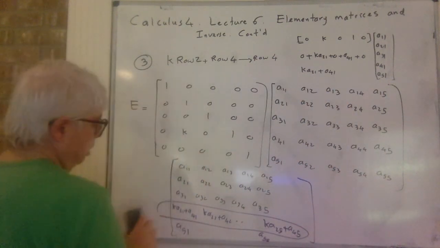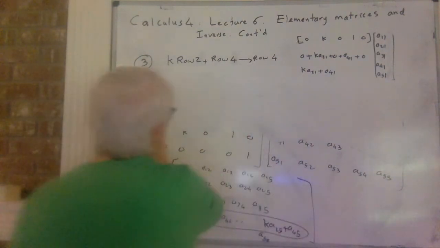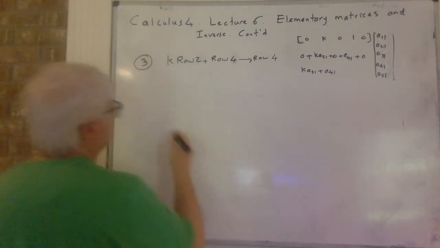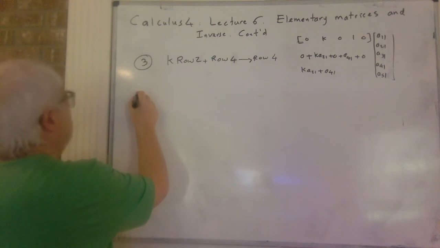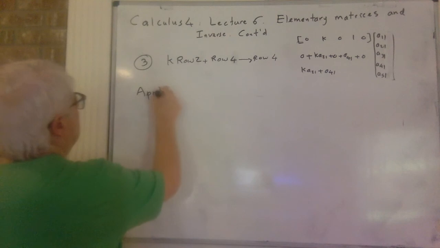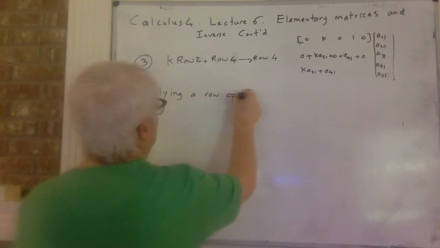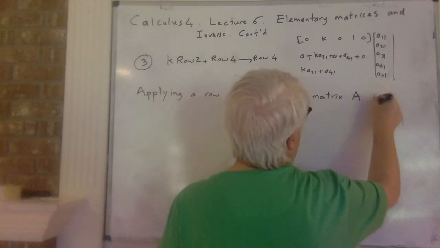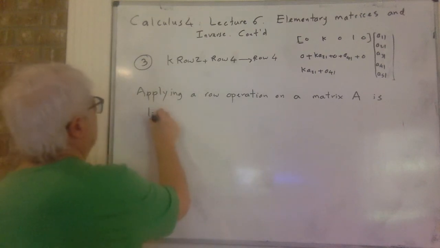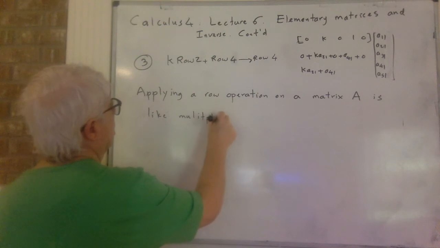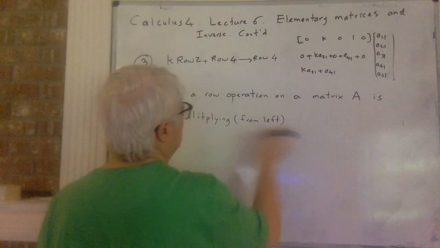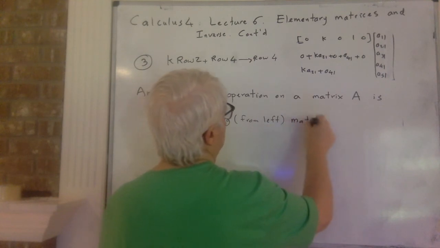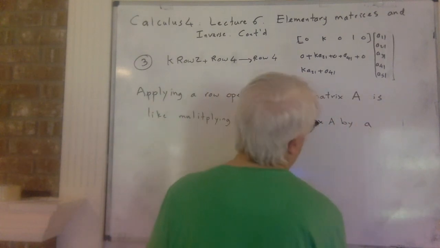So let me erase this thing. I would say that applying a row operation on a matrix A is like multiplying from the left matrix A by the corresponding elementary matrix.